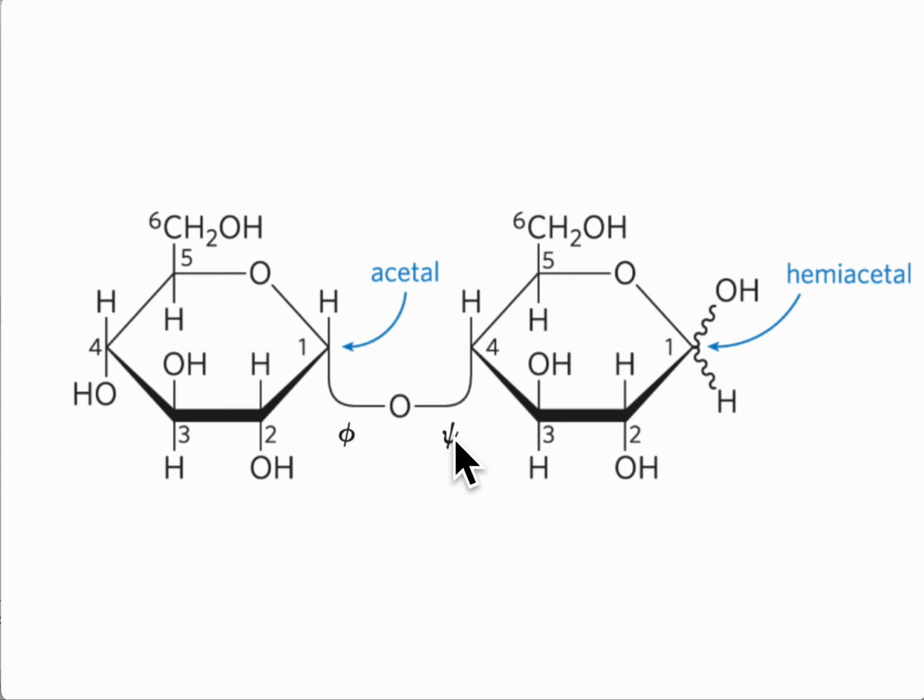The range for each bond will be between 0 degrees and 360 degrees. But due to steric hindrance, because at certain conformations, the two hexagons are going to clash with each other, as well as hydrogen bond stabilization, meaning that at certain conformations, the hydrogen bonds will be able to stabilize and cause intramolecular interactions.